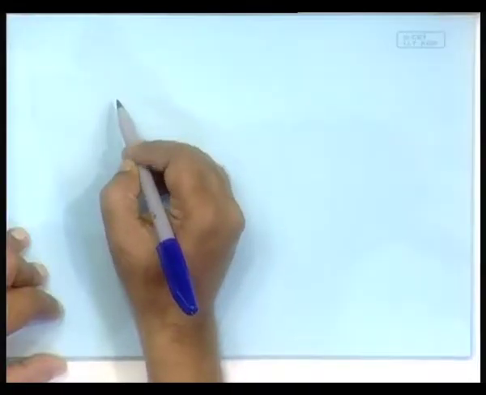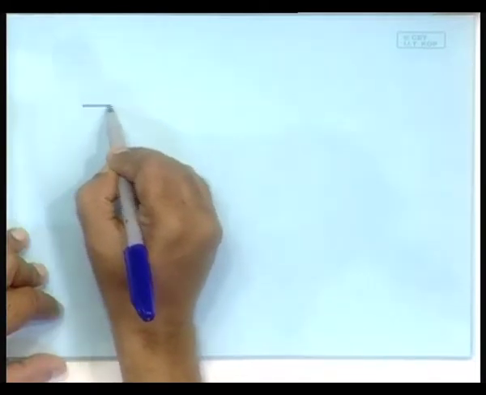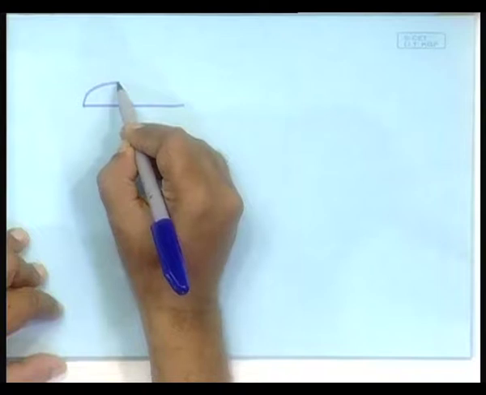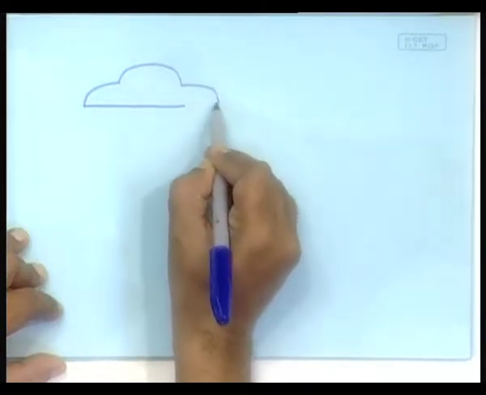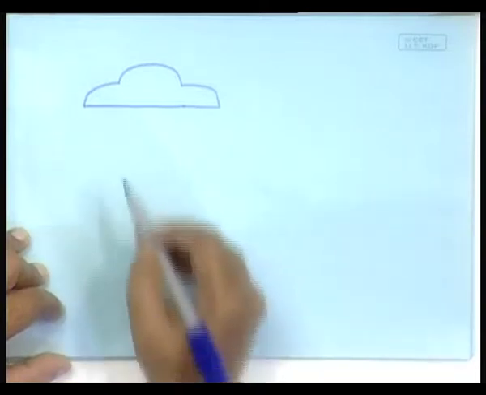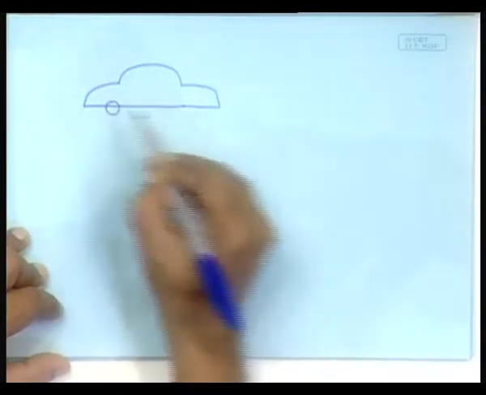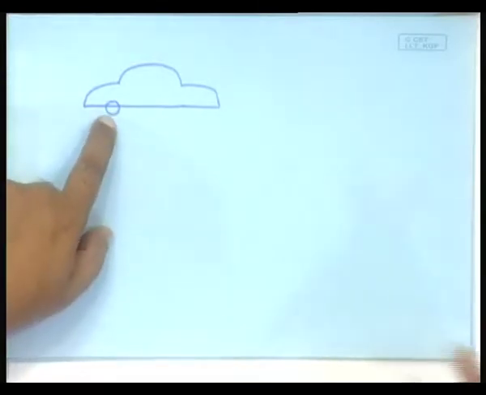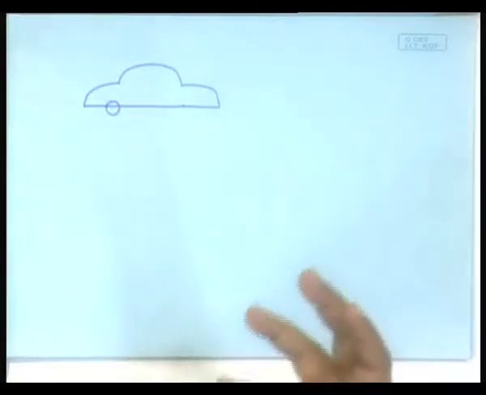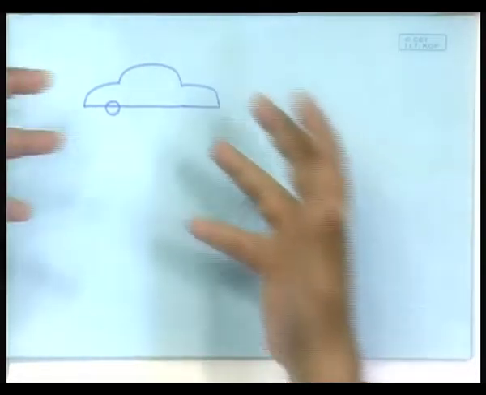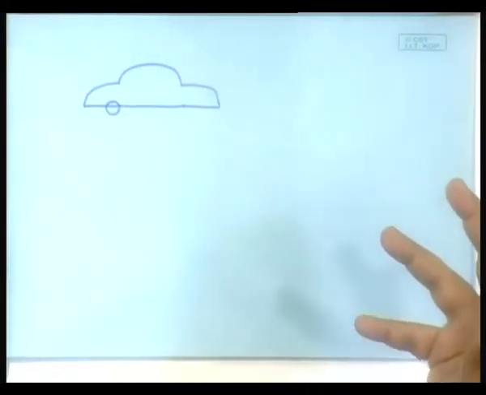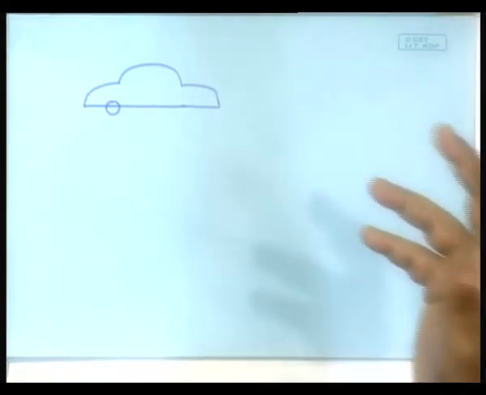Let us handle now a relatively more complicated problem. In this problem, imagine there is a car. I will not draw the wheels, because the wheels are actually suspended, the car is suspended on the wheels by means of a suspension, which is nothing but a spring damper arrangement.